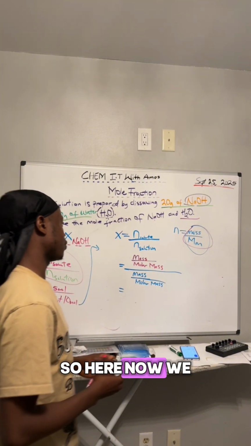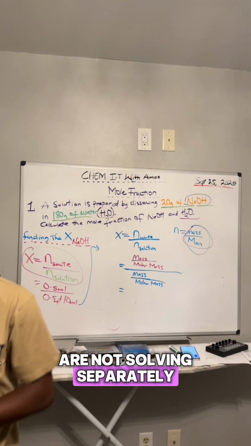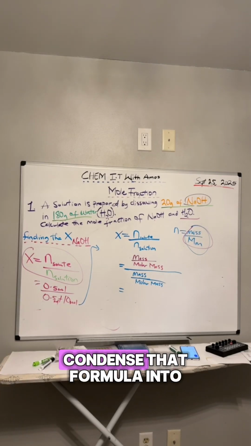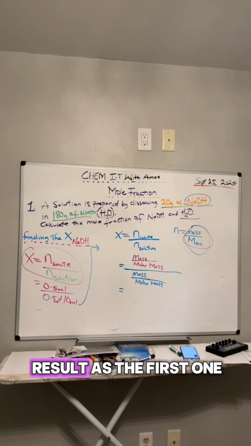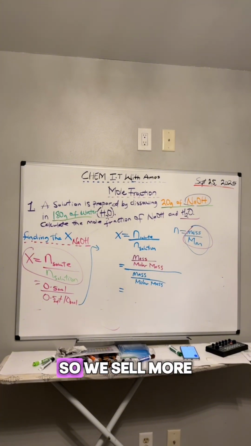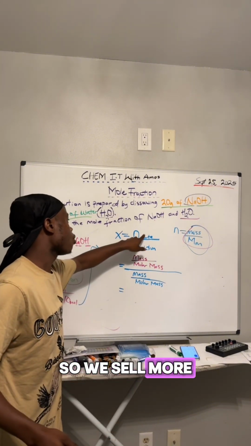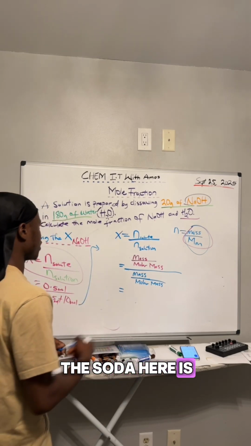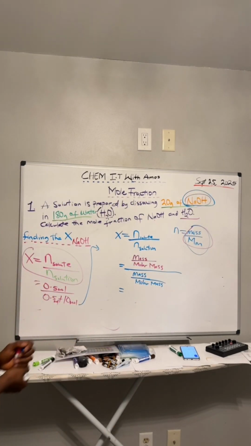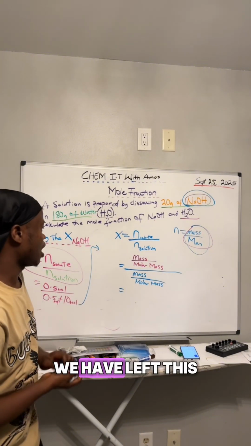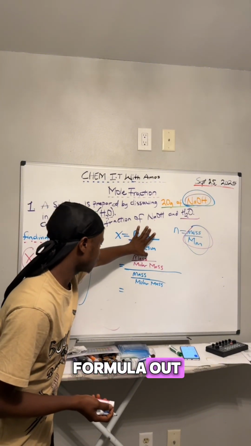So here now, we are not solving separately. We are trying to condense that formula into a unique one to have a better result as the first one. So we say mole of the solute, and the solute here is sodium hydroxide, right? We have left this formula out.